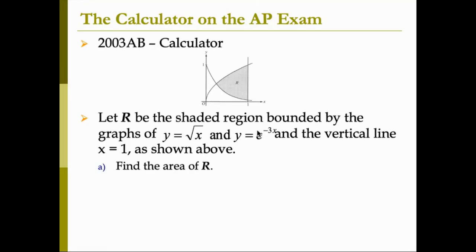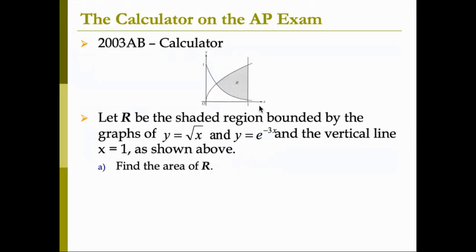It's our exponential decay function because it's a negative exponent, okay? So this is our top function, bottom function, so it's square root of x minus e to the negative 3x, and all I have to do is find the area from this point to this point. So the area from this intersection point to this point. So if I could find that, and I know this point is 1, okay, so I know that that's 1. I have to find the area from here to here. So how do I do that?